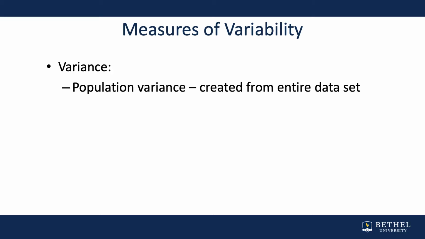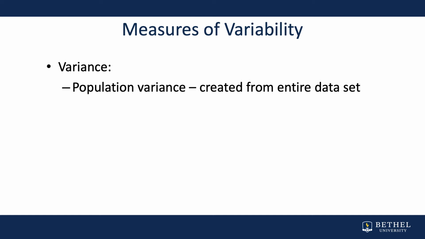And that's going to tell you whether you have data that's very similar in observation, or very diverse data in your observations. So you say, okay, explain to me, how do I figure out this thing called variance? Here's what you do. You have 2 types. If you have the entire data set for all the things you're observing, that's called the population variance.